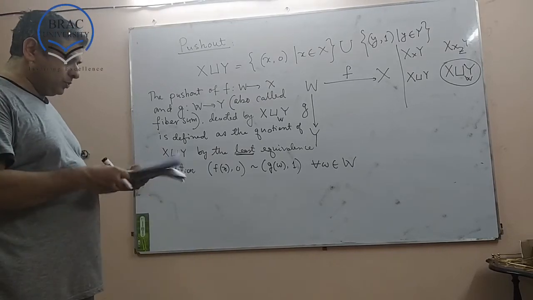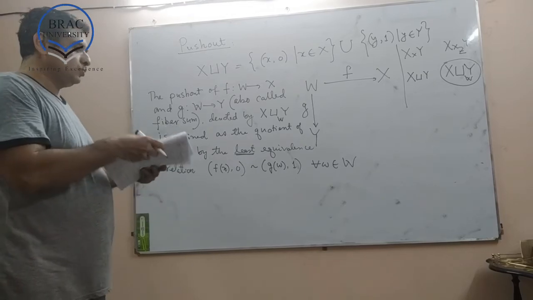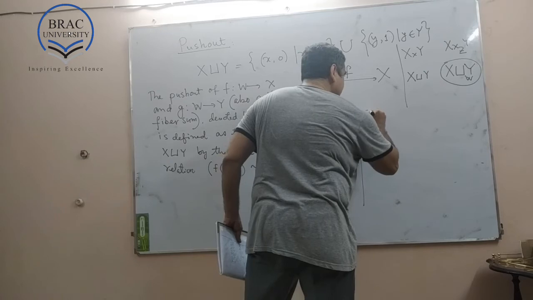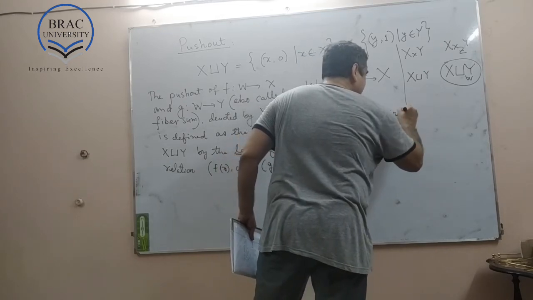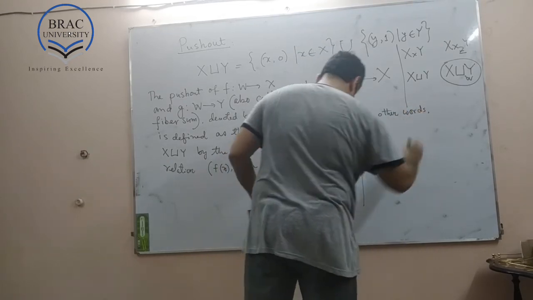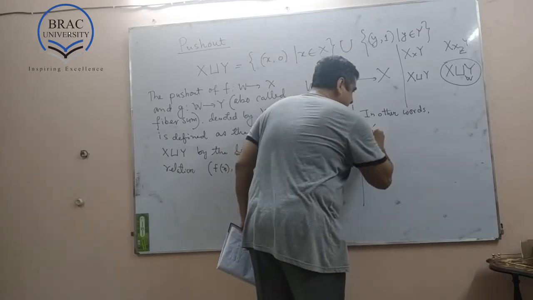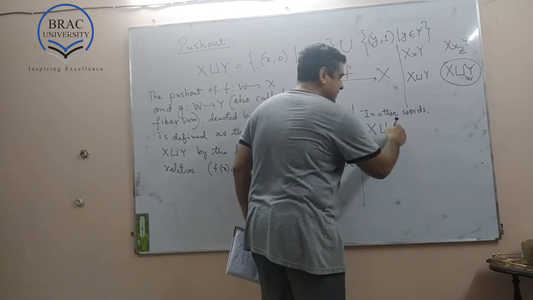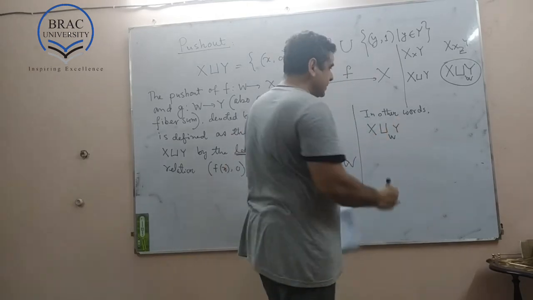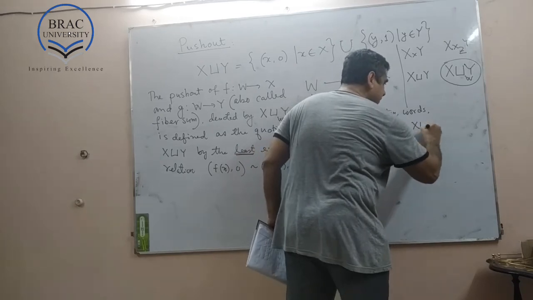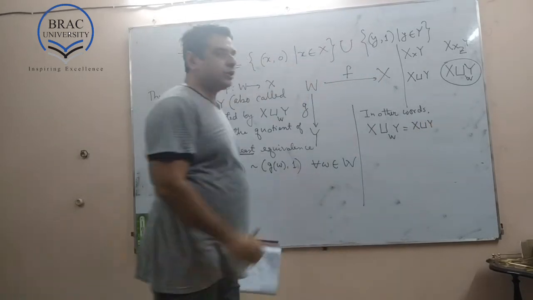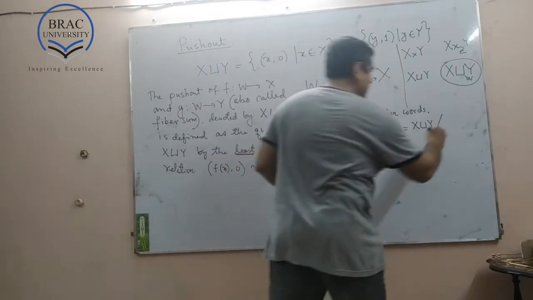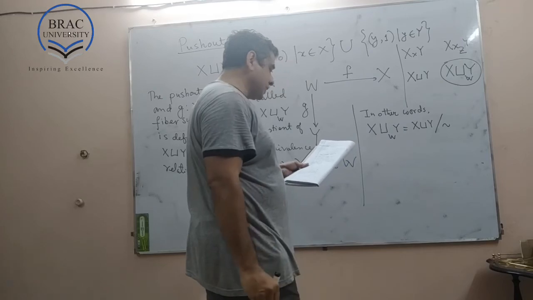In other words, let me complete the definition. This fiber sum of X and Y over W is defined as the quotient of this disjoint union of X and Y by some equivalence relation.